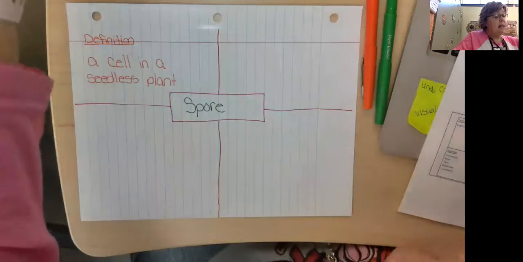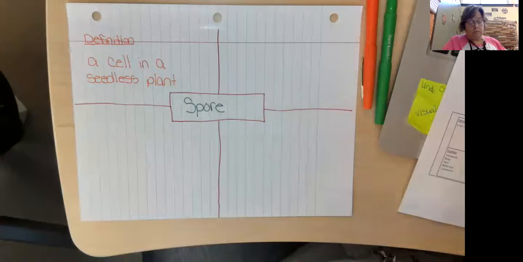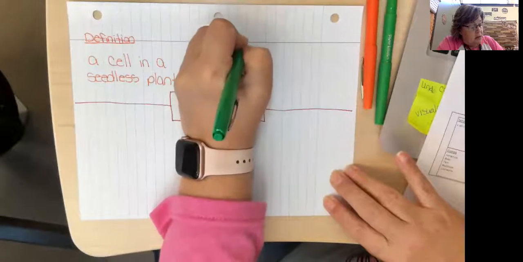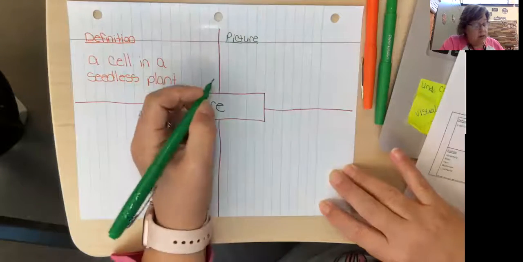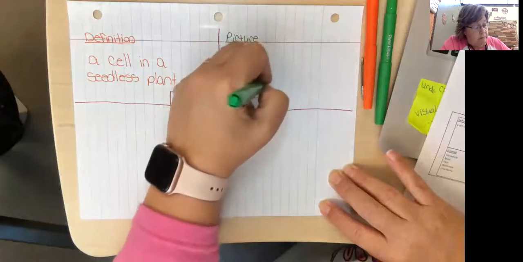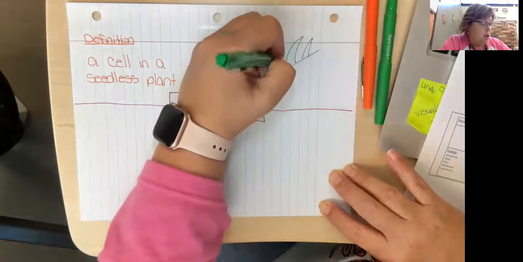The next thing we're going to do is draw a picture. This can be the tricky one sometimes, especially if you're not an artist. But what I'm going to do is I'm simply going to draw, this is supposed to be a fern.